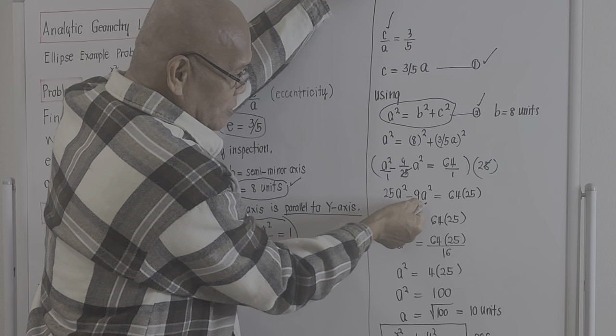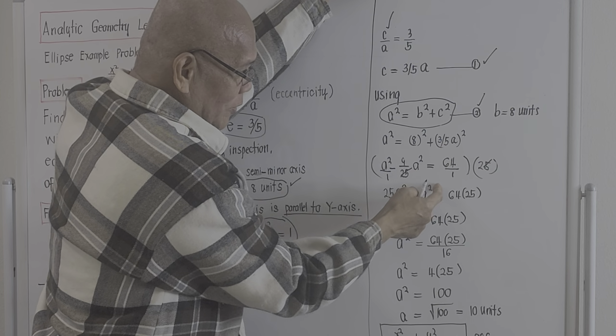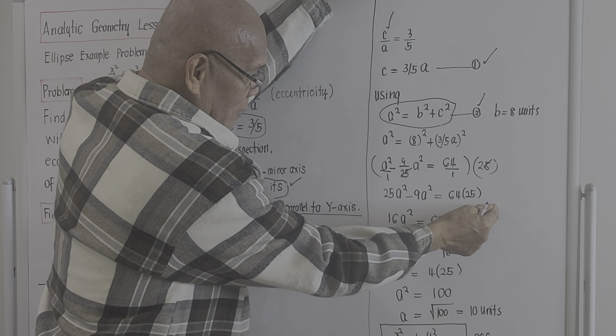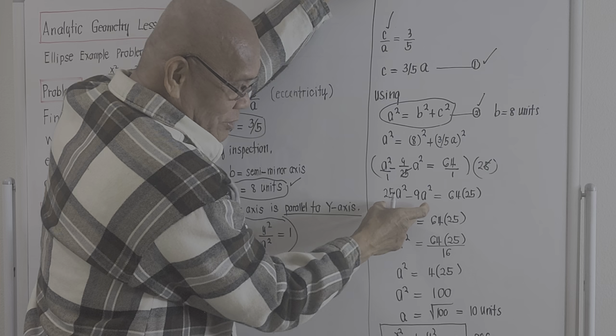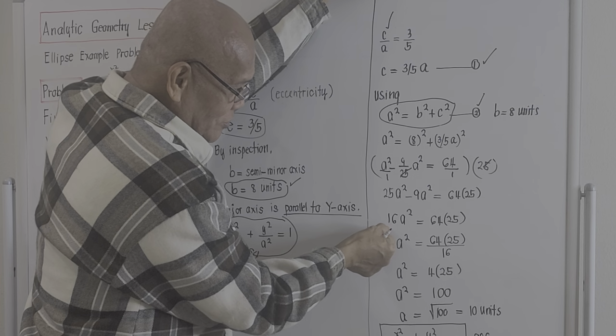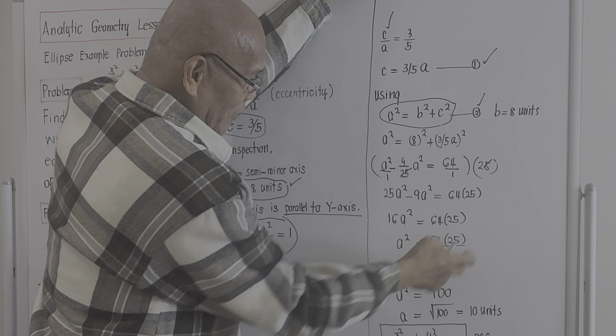So what remains is 9A square. And this should be equal to 64 over 1 times 25, which will simply be 64 times 25. We combine similar terms, A square on the left hand side, 25 minus 9, that will be 16A square, equal to the product of 64 times 25.